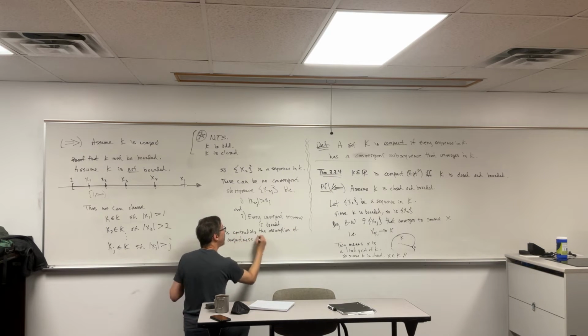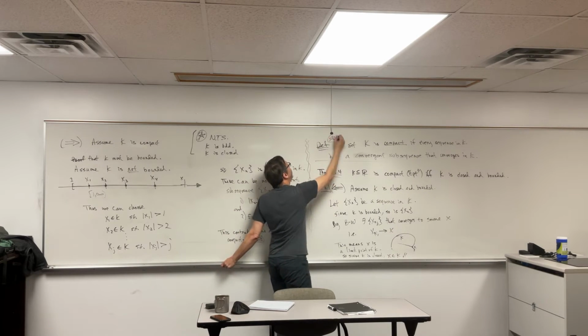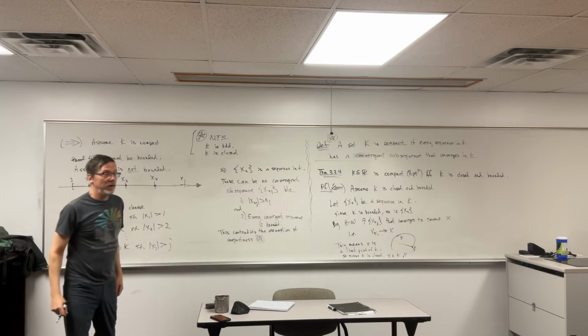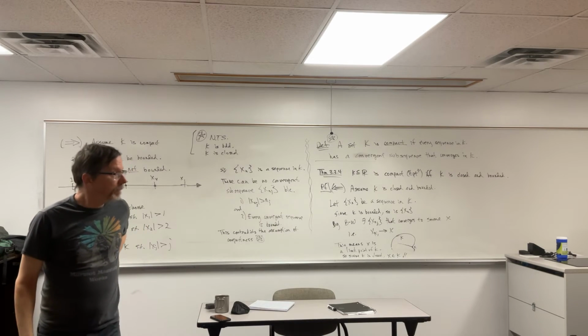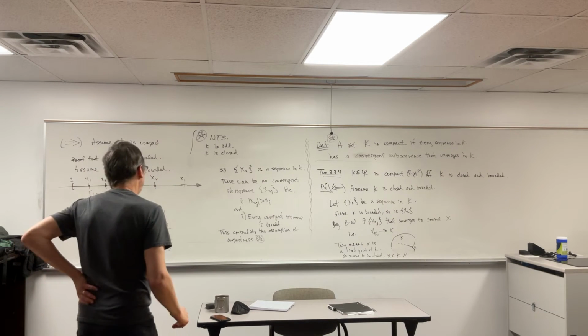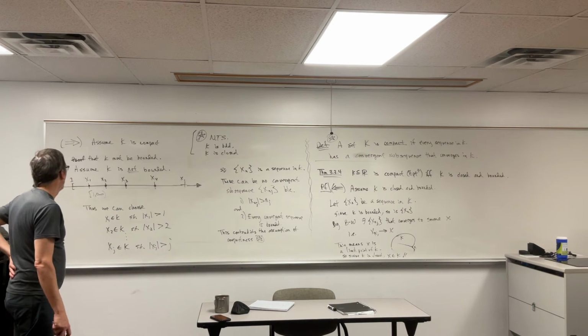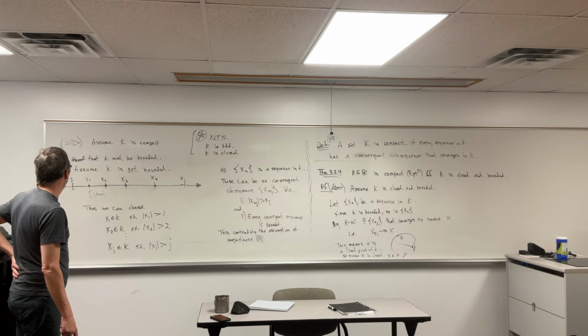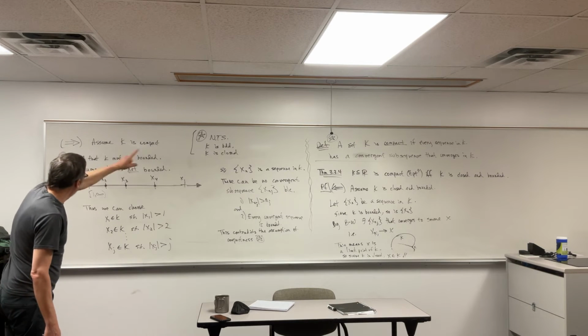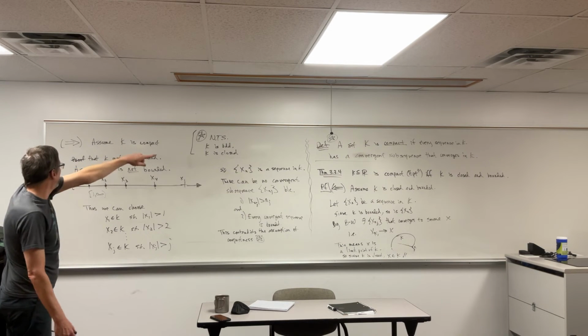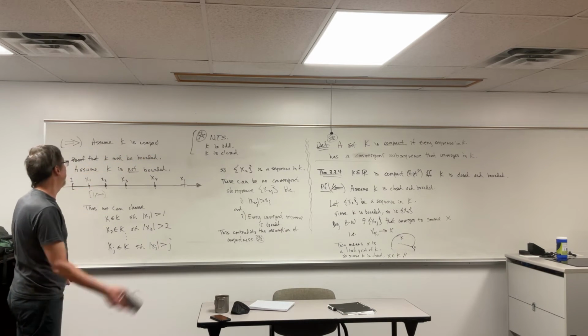I'm going to put a star and get us back. All right, so we have shown if a set is compact according to that definition, it must be bounded. Now we have to show it's closed.